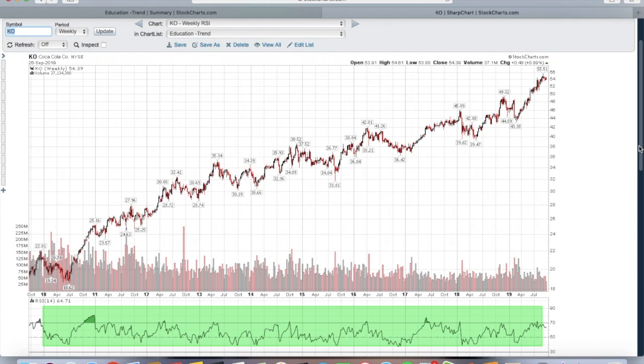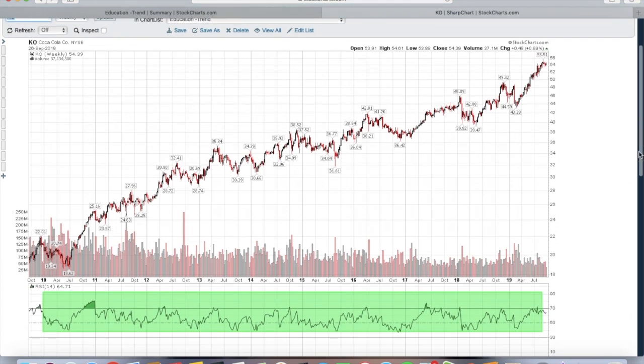In a bull market, like Coca-Cola, the RSI will always trade between the 40 and the 90 level. This green zone represents a bullish RSI, which is the bullish zone of a bull market, which means when RSI comes back to the 40 level, it only gives you a buying opportunity.